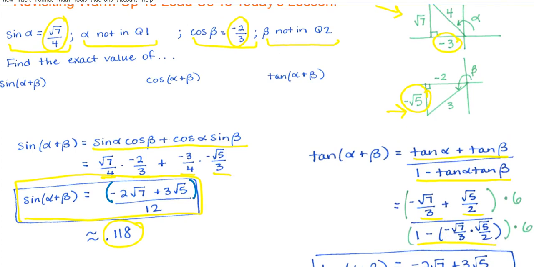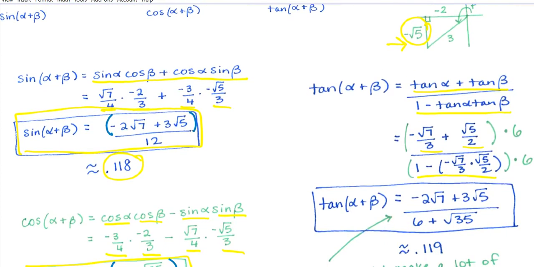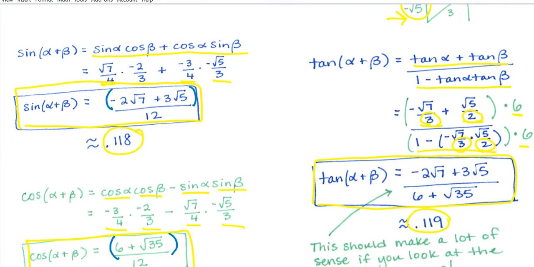From that point, to simplify, what I did was I noticed that the common denominator of all these would be 6, between 3 and 2, and 3 and 2 down here. So I multiplied the numerator by 6 and the denominator by 6 to clear the fractions, and I got this answer. And I did not go through the process of rationalizing the denominator, but I did find the decimal value of that.